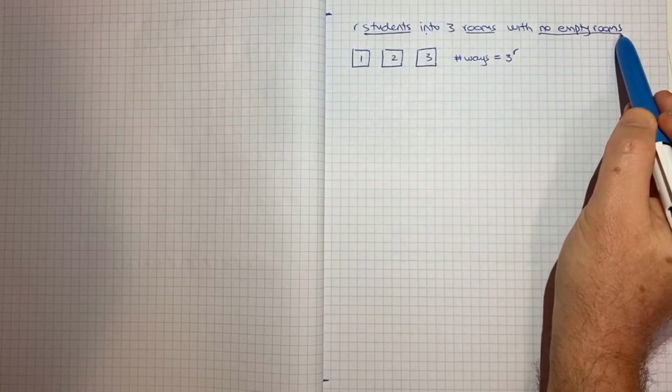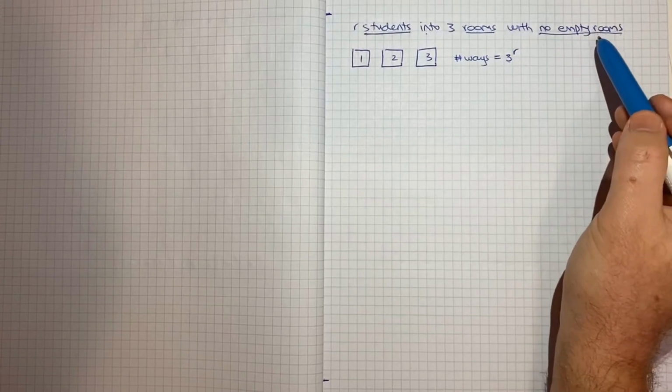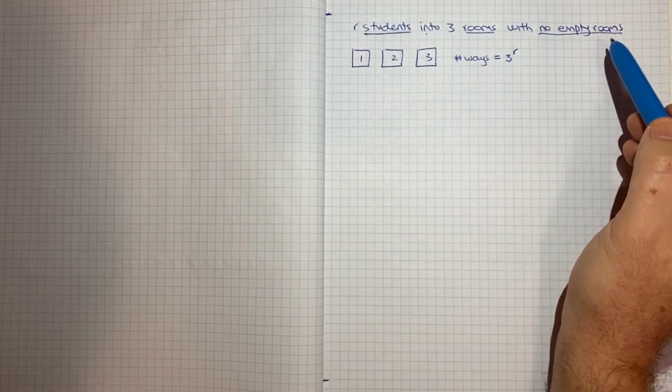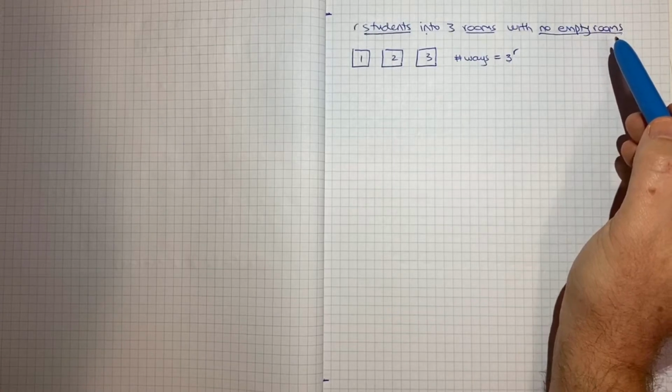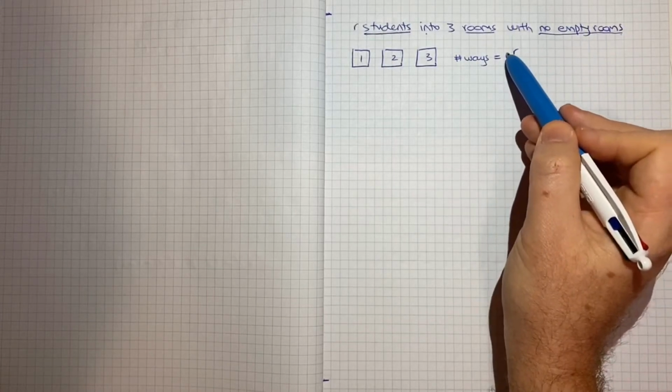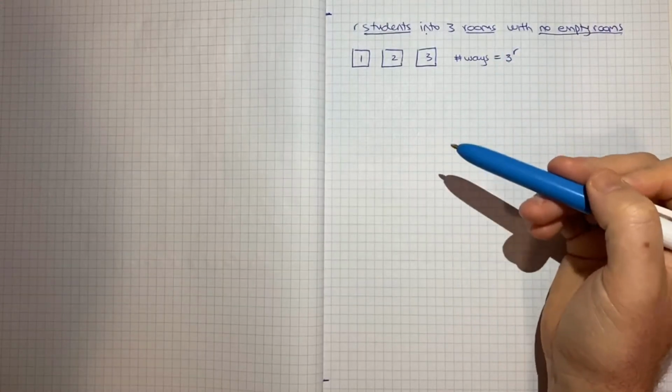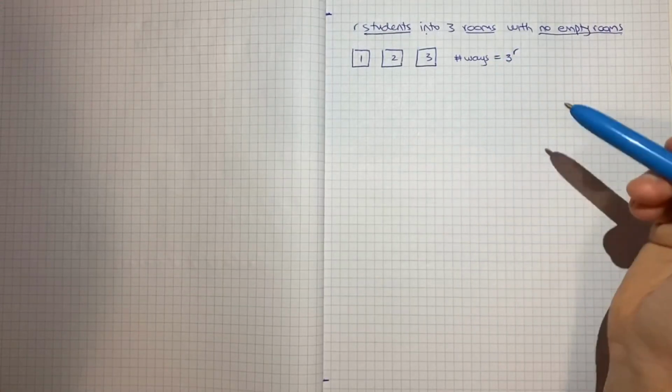There's a few ways to tackle this, but I think the easiest way is to say, what is the total number of ways we could do it with no constraint, and then subtract from that all the number of ways that don't meet our constraint.